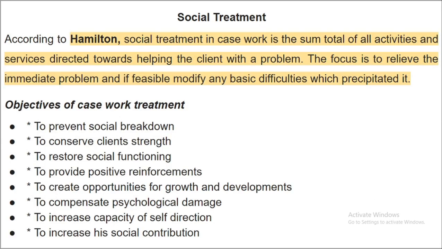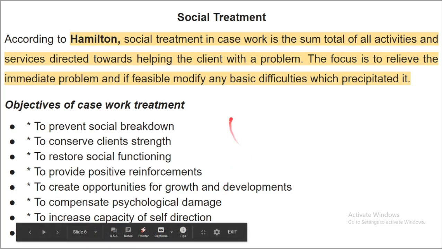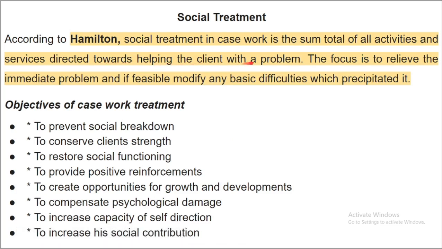Now next, the social treatment. Once you diagnose the problems, means you are able to identify the cause and the effect of the problem, then you can easily develop the treatment plan. According to Hamilton, social treatment in casework is the sum total of all activities and services directed toward helping the client with the problems.